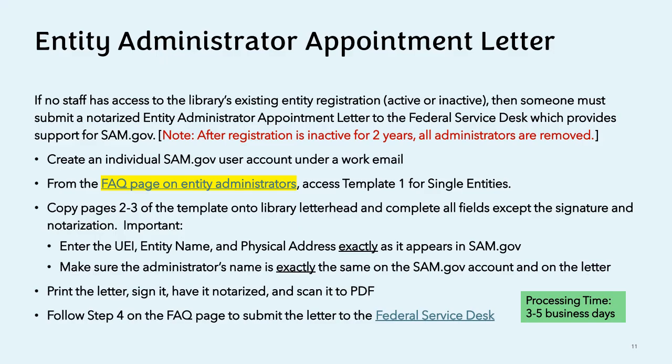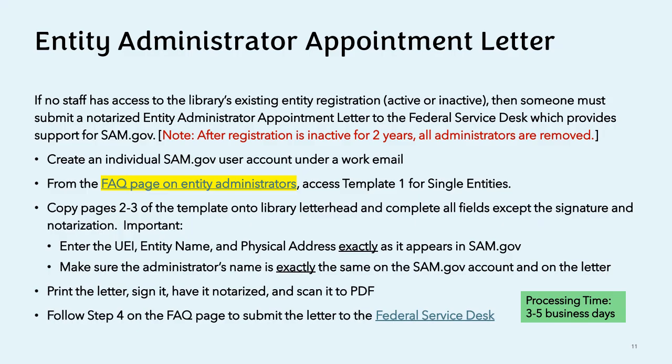And I do want to note that it's possible that in the past you were the administrator for your entity in the system, but you have been removed. If entity registration lapses by 2 years or more, then the system automatically removes all of the account administrators. So again, maybe you set up your entity in the past, but to get access again, you may still need to do this letter.